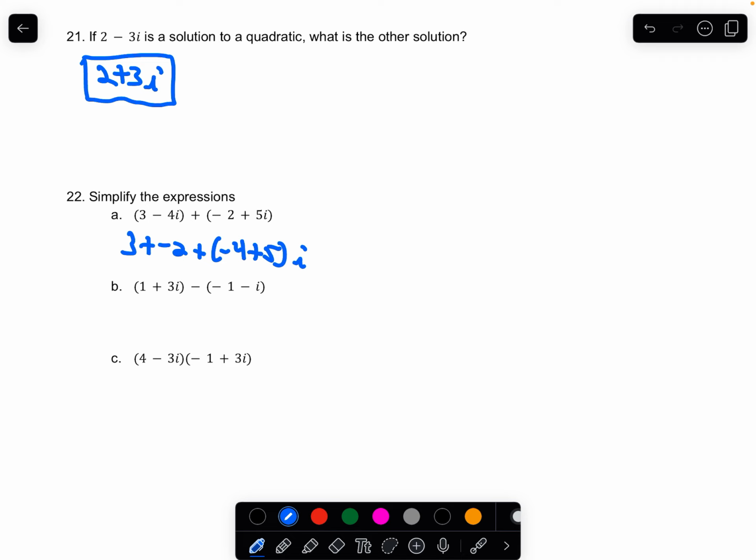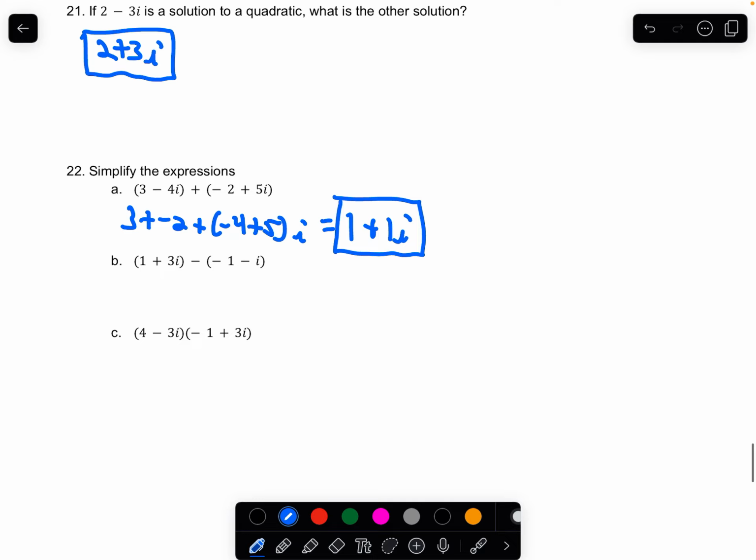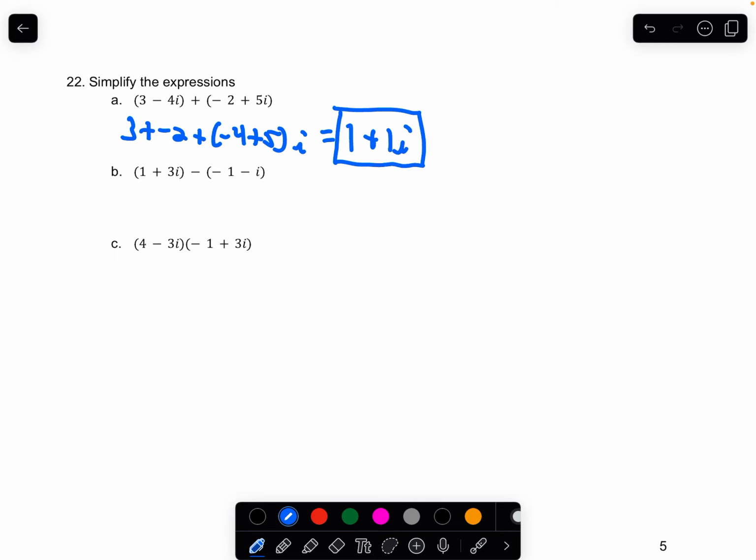So that becomes 1 plus, look at that, 1i. On B, when you subtract, you add the opposite. So 1 plus 1 is 2, 3i plus i is 4i.